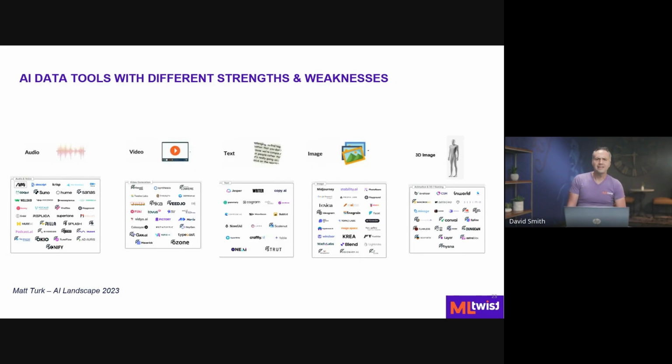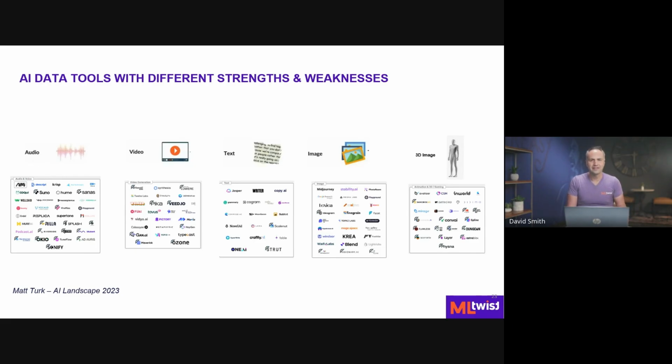And AI data tools are something of an interesting ecosystem. So if you haven't heard of Matt Turck, he's an AI thought leader. I highly recommend you look him up, go to his landscape. I grabbed some of the different boxes he had for some of the different modalities of data. And this is, in our estimation, roughly 10% coverage of all the companies that are out there.